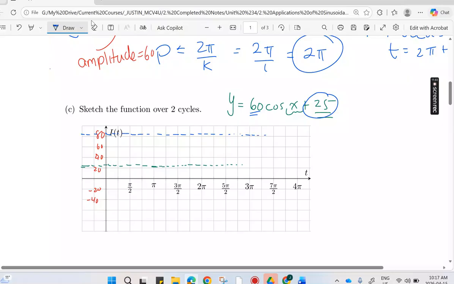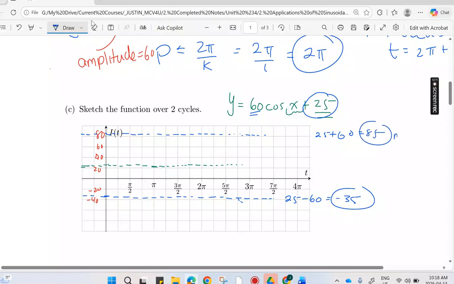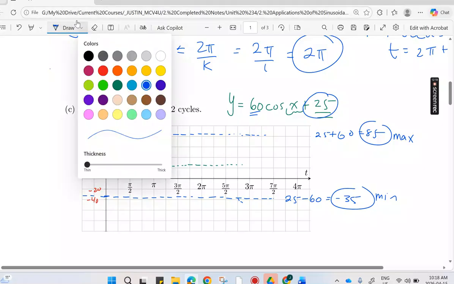And then 25 minus 60 is negative 35. So negative 35 would be somewhere here. In hindsight I should have gone up by 25s, but it's fine. We're just drawing a sketch. So this is 25 minus 60, which is negative 35, and 85. Max, min. Now that we have that, all we need to know is how big the period is.